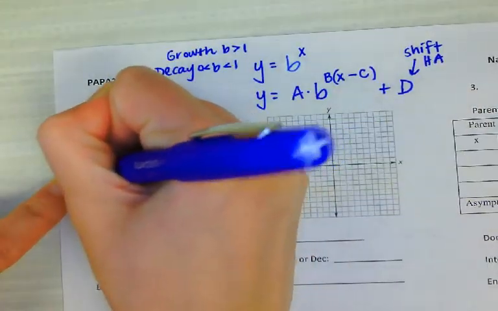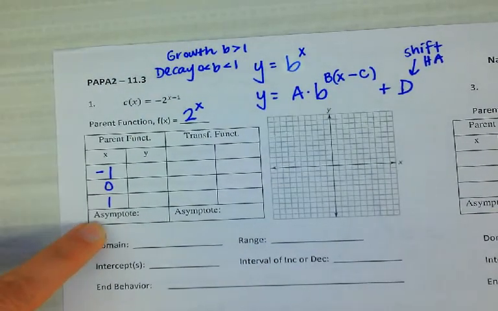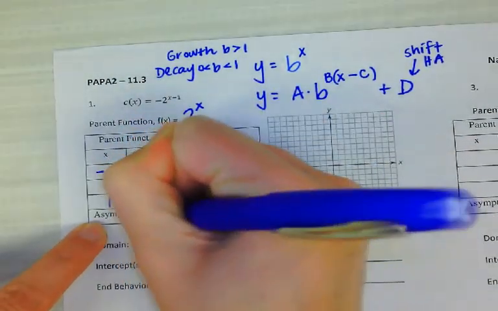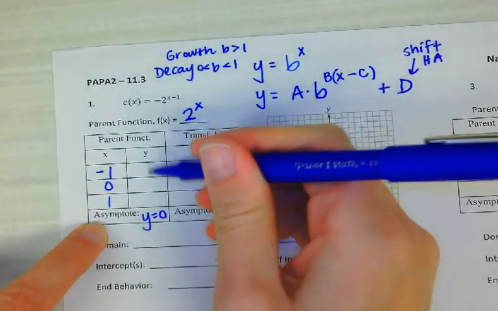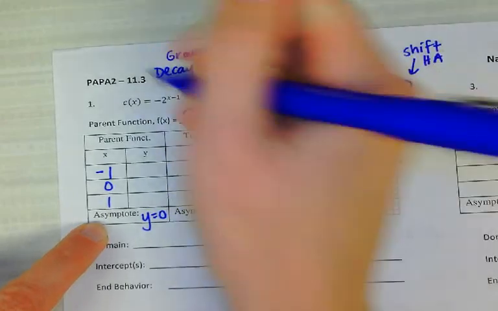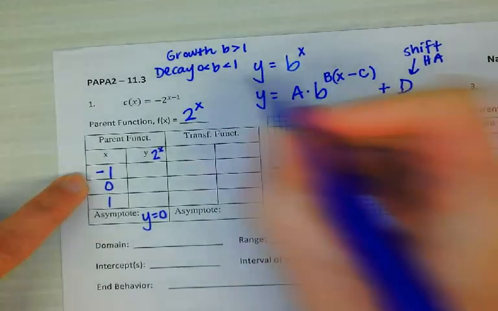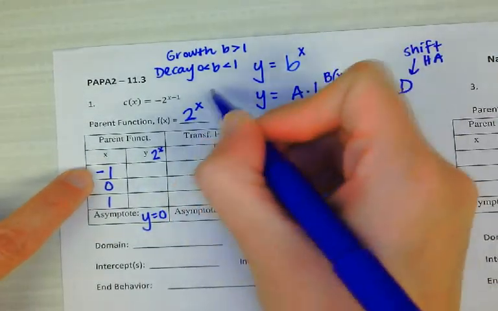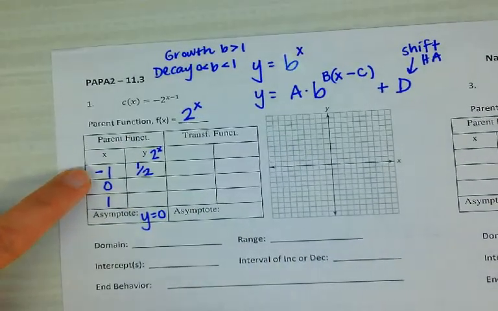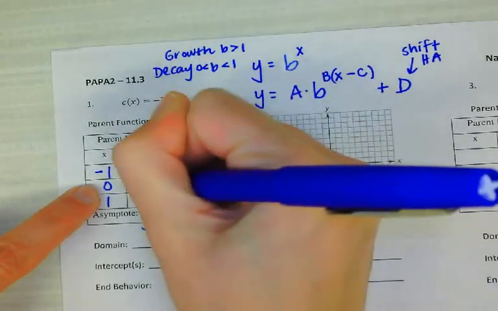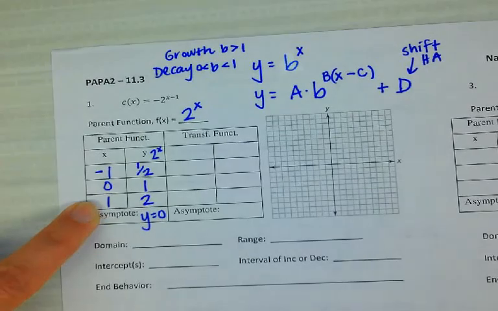Okay, so for every parent function, we're going to use the same 3 x's: -1, 0, 1. Our asymptote always starts off as y equals 0 unless we shift it up or down. And then to get these values, you're going to raise 2 to the x power. So 2 to the negative first power flips that value, it gives us the reciprocal. 2 to the 0 power is 1, and 2 to the first power is 2.